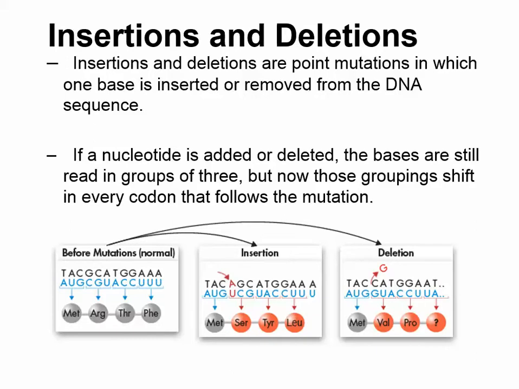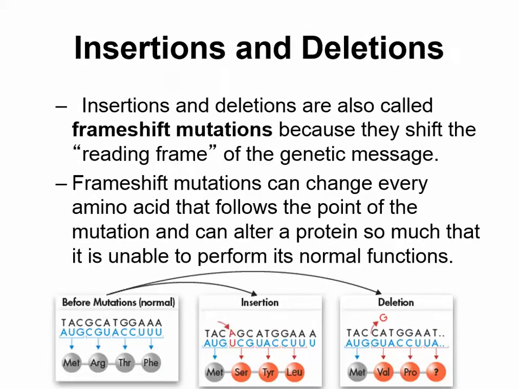So what would be more detrimental, do you think? A frame shift mutation, which would be an insertion or a deletion, or a point mutation? Right, the frame shift mutations, because they change all the amino acids after that first mutation. If you remember from the last one, we only changed one amino acid. This one ended up changing all 3 of them.